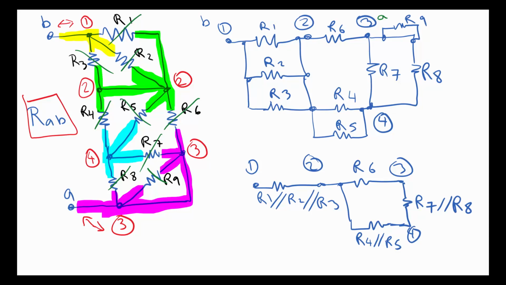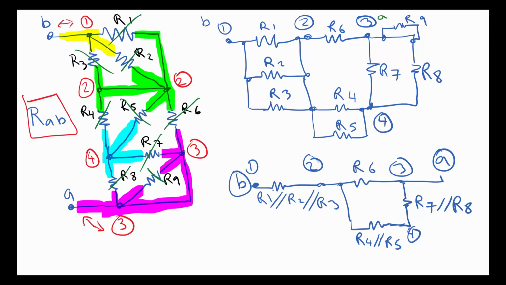So remember, node 1 was B. Node 1 was B, and node 3 was A. So that's A. So we want to find the equivalent resistance between these 2 points. So that goes like that.